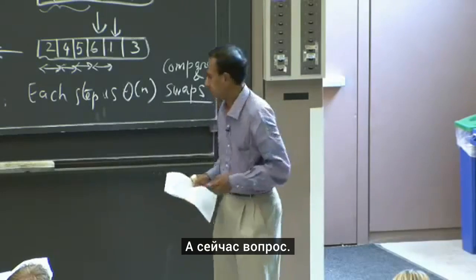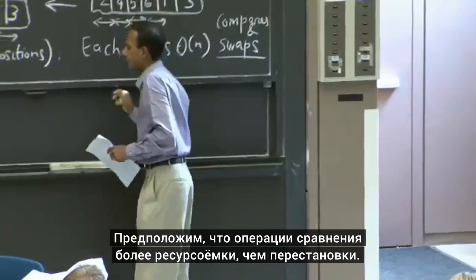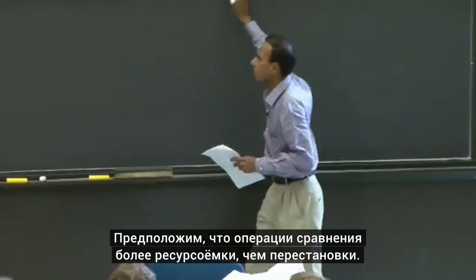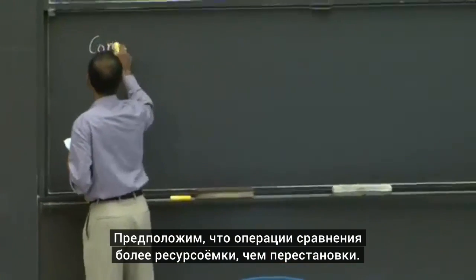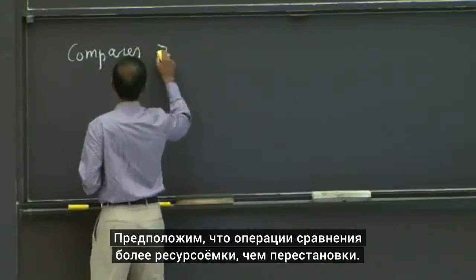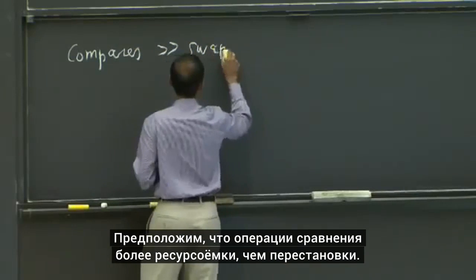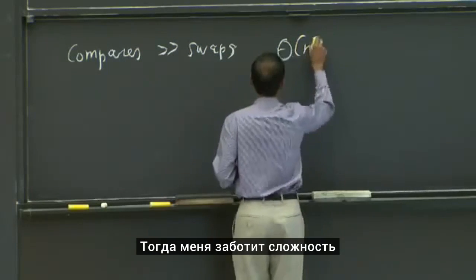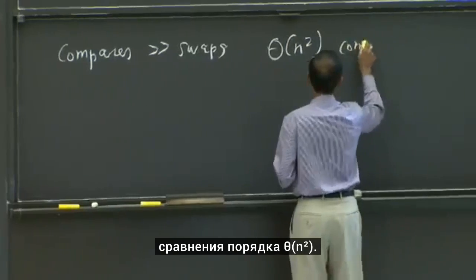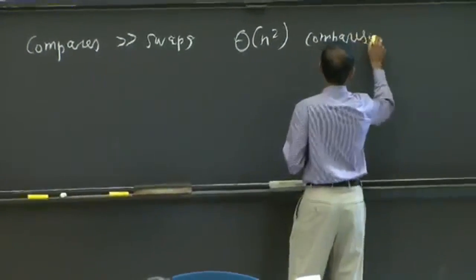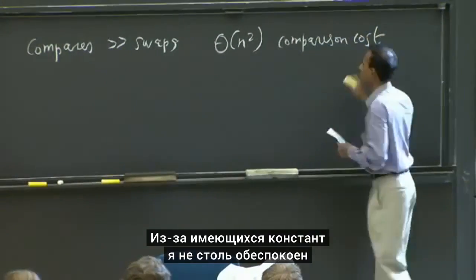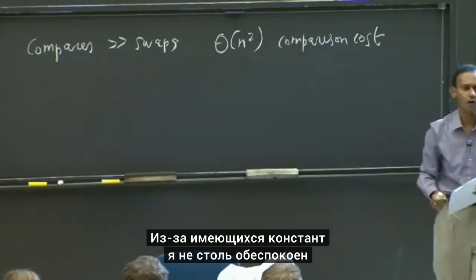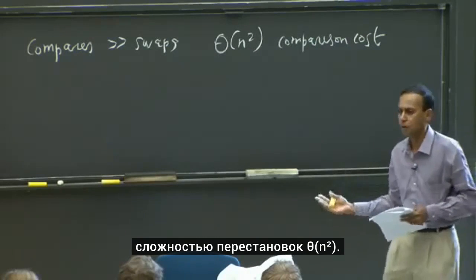Now, here's the question. Let's say that compares are more expensive than swaps. And so I'm concerned about the theta n square comparison cost. I'm not as concerned, because of the constant factors involved, with the theta n square swap cost.